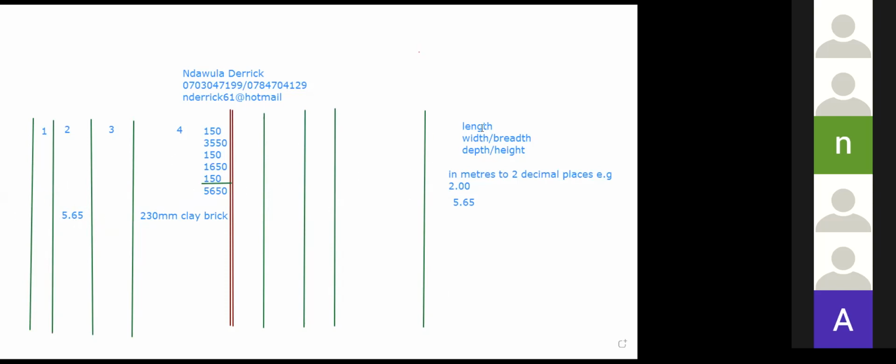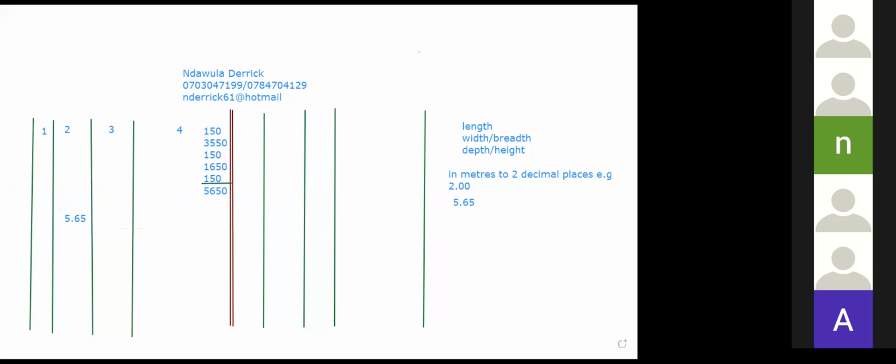Now what I'm looking for is the width or the depth. In this case, I'll first remove this description. So here I would enter 5.65.